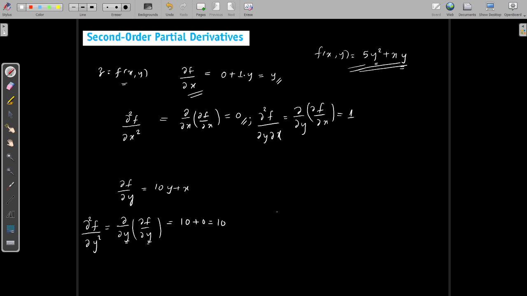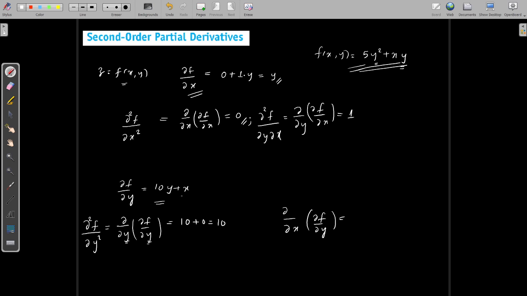On the other hand, you can differentiate this with respect to x. That will give d by dx of df by dy, the derivative of this function with respect to x.